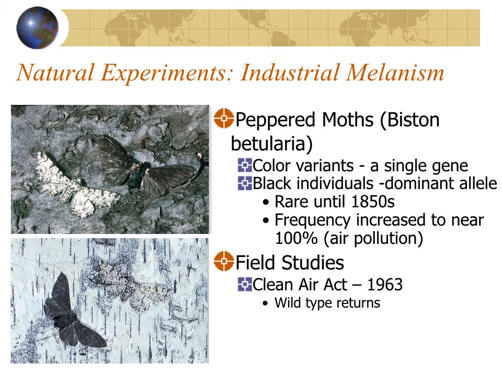But then its frequency increased as the use of coal in England increased, associated with the Industrial Revolution, until it became the dominant form. Biologists have tracked this ever since, and when the Clean Air Act of 1963 was enacted in Britain, the amount of pollution dropped dramatically, and the wild type organism became much more common again.